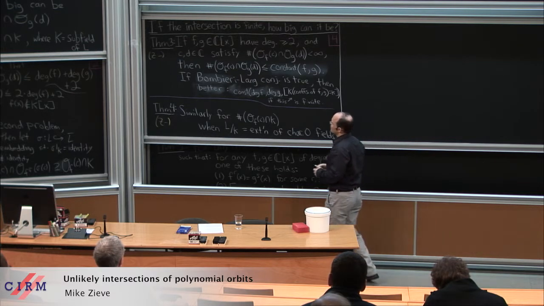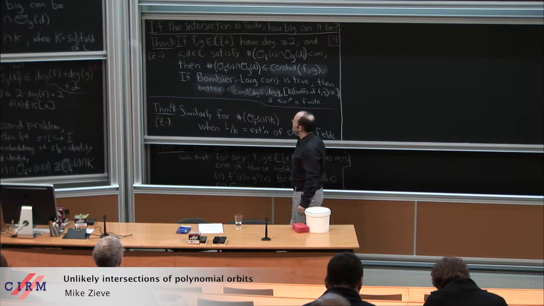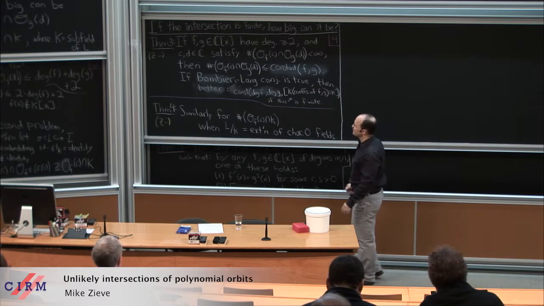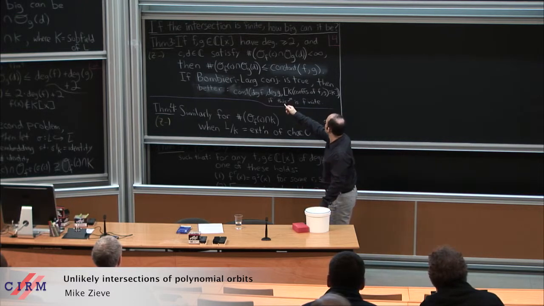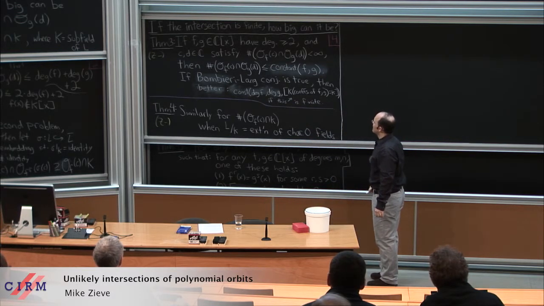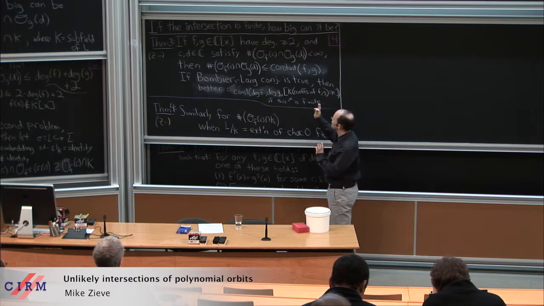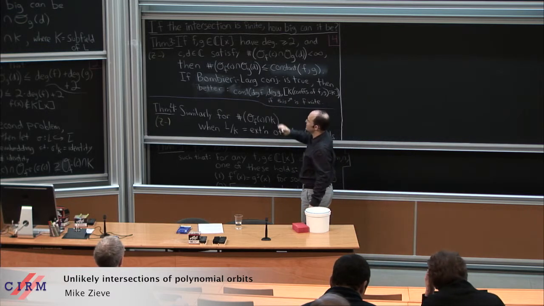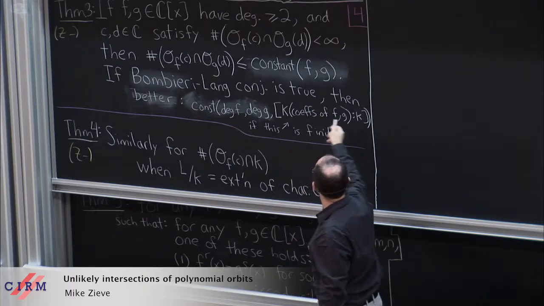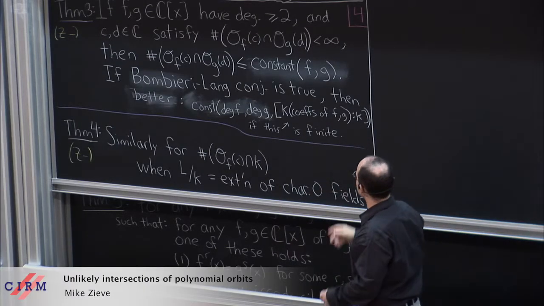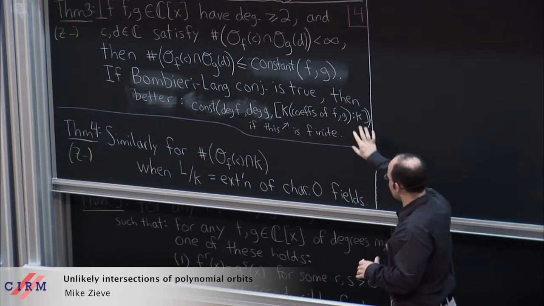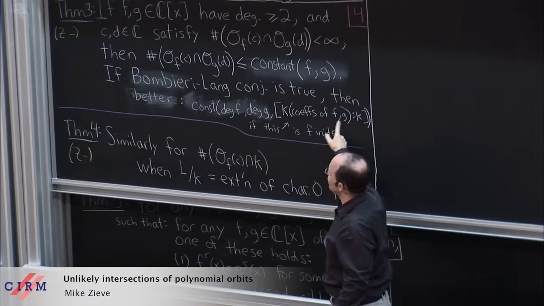And if we believe the Bombieri-Lang conjecture, which I think might be over 50% of experts believe it now, then you can do much better. Then the constant should only depend on the degrees of f and g. And you can get that it depends on the degrees of f and g and the degree of the field extension you get by adjoining all coefficients of f and g to k, as long as this degree is finite.